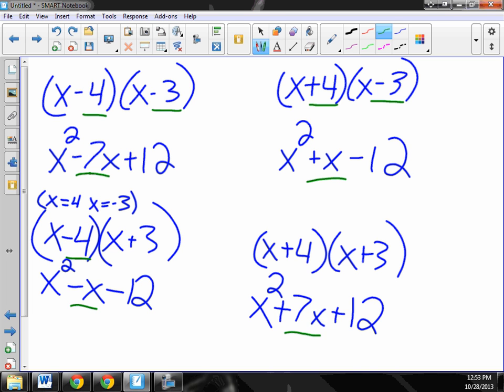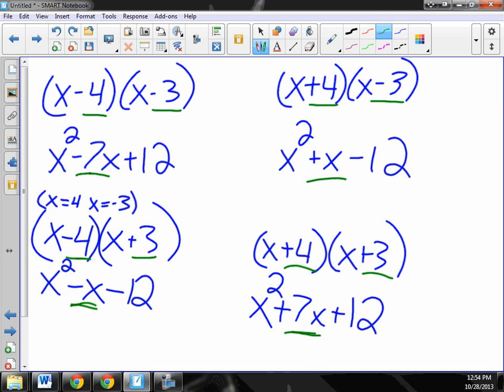Negative 4 and 3 is negative 1. And 4 and 3 makes 7. So if the signs are the same, the 4 and the 3 work together to create a bigger number. If the signs are different, then the 4 and 3 kind of fight it out, and you end up with something less than 4 or 3.